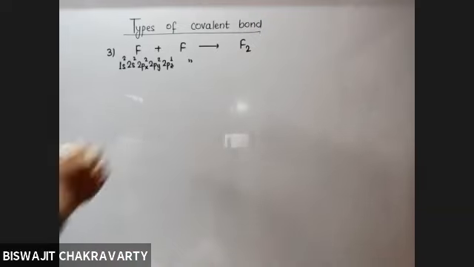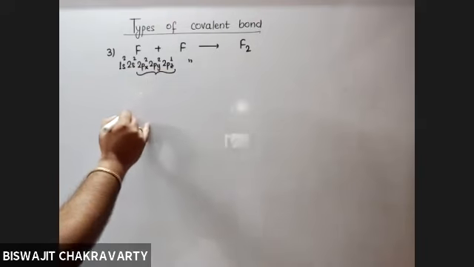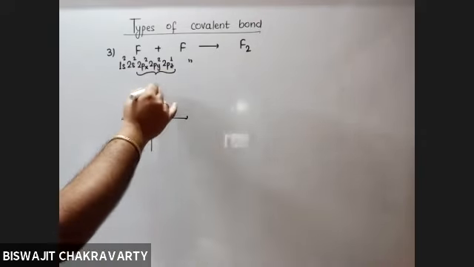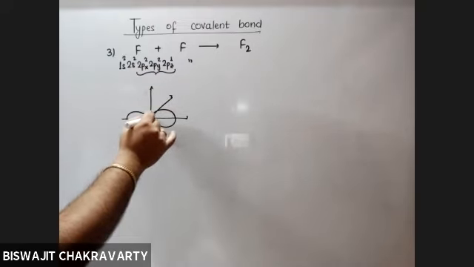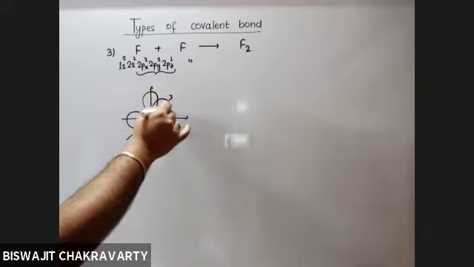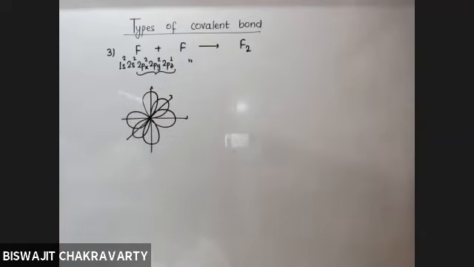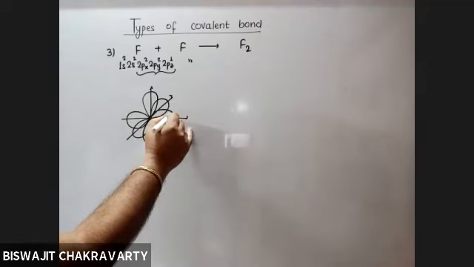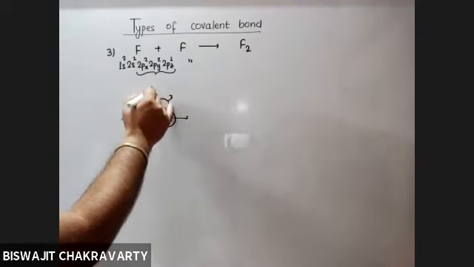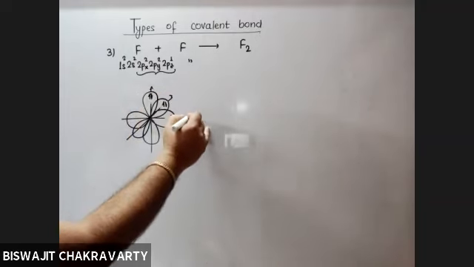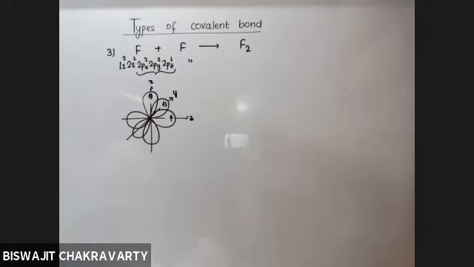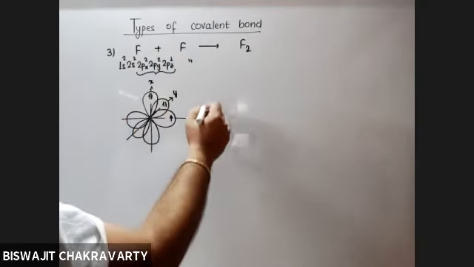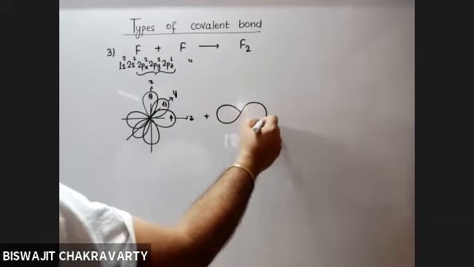So if we draw all the 2p orbitals together, pz has got unpaired electrons, px and py have paired up electrons. Now this is for one fluorine atom. Similarly, the other fluorine atom will also have the same kind of orbital diagram.